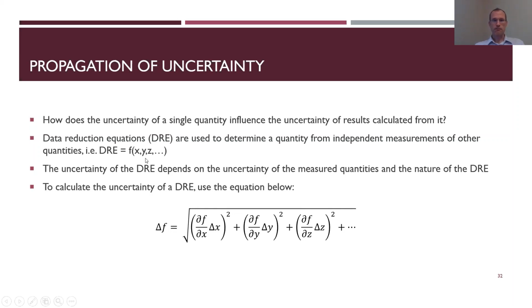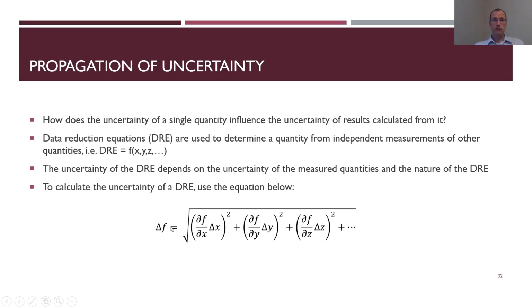I have some function f that I'm trying to calculate, and it's a function of parameters x, y, z, whatever they are, and each has some uncertainty. There's uncertainty in x called delta x, so x is some number plus or minus delta x. Same thing for y, same thing for z.